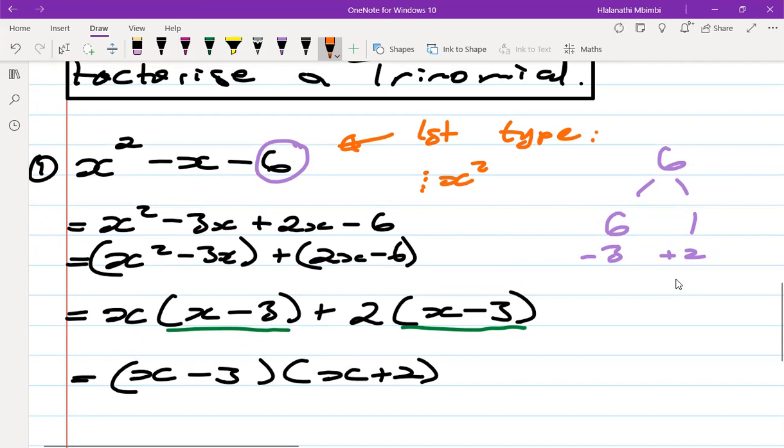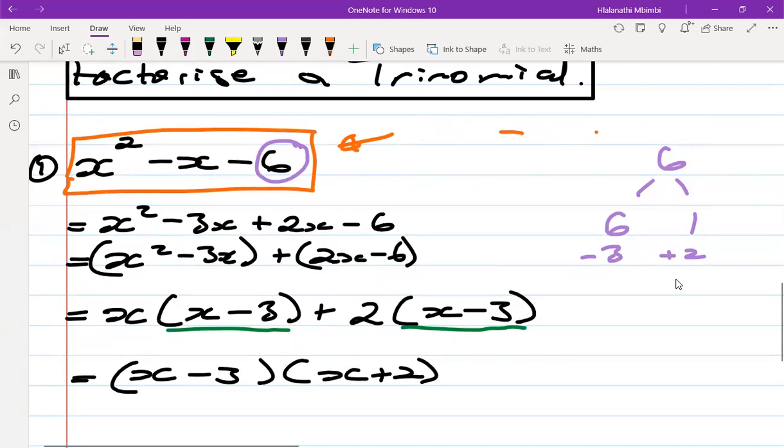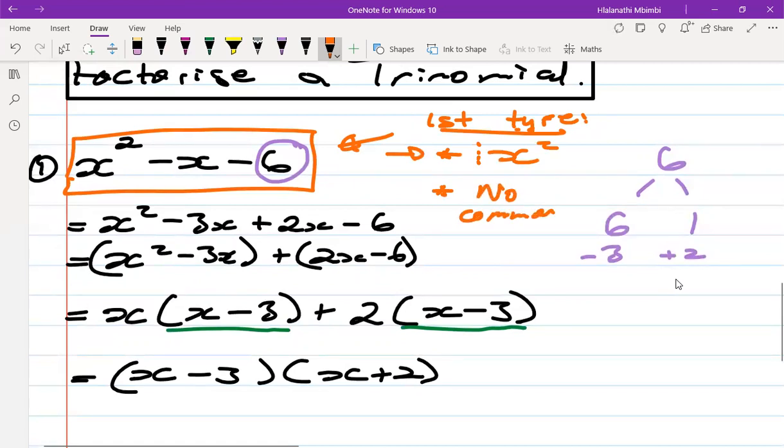You don't necessarily have a common factor. When I say common factor in the actual expression here, there is no common factor. Let me write this properly. The first type: number 1, the coefficient of x squared is 1, and number 2, you have no common factor.